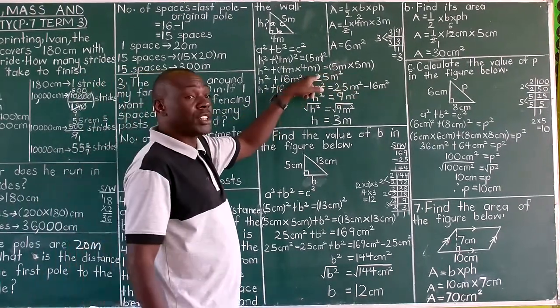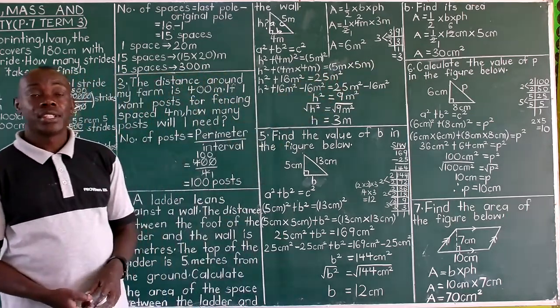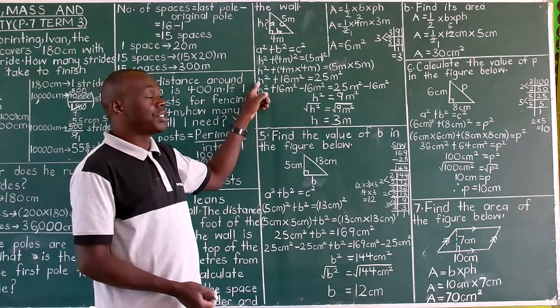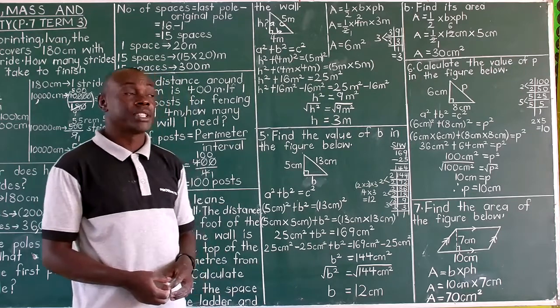Then 5 times 5 is 25, and meters times meters gives meters squared, thereby attaining 25 meters squared. So the statement is H squared plus 16 meters squared equals 25 meters squared.